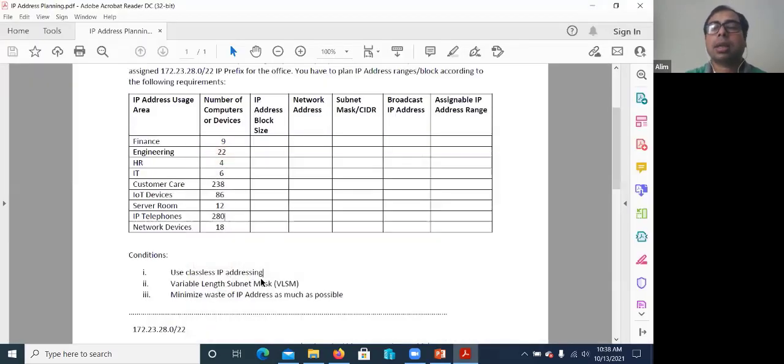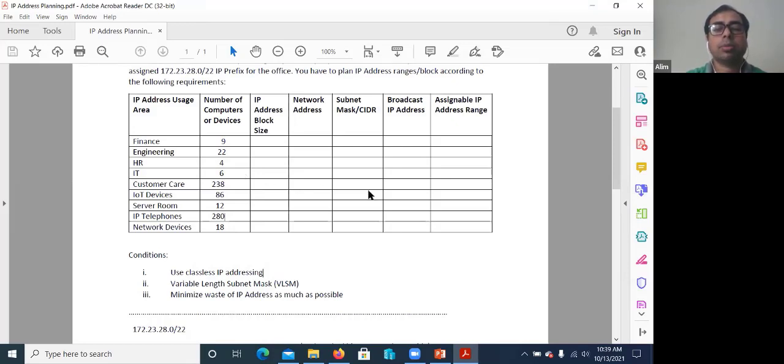In classless, you can use a subnet mask as per your requirement, regardless of considering class A, class B, or class C. That is why it is called classless.